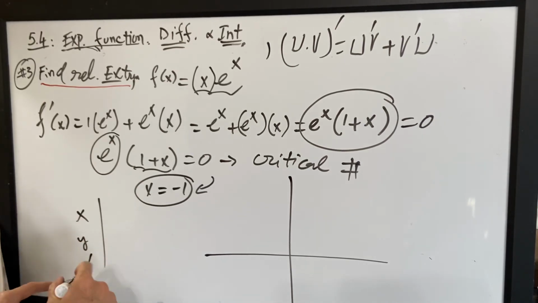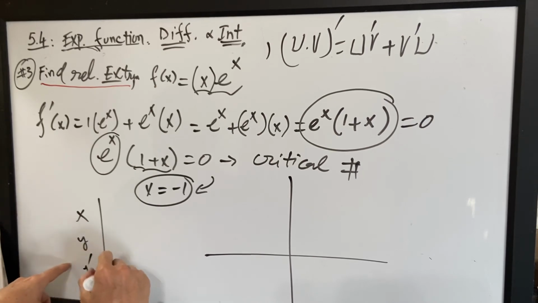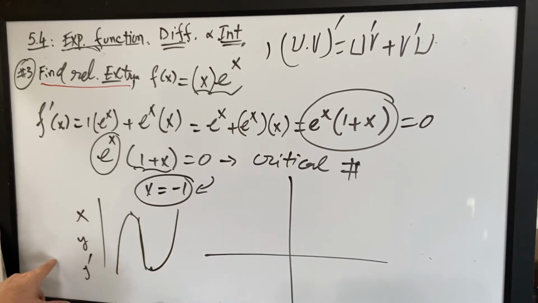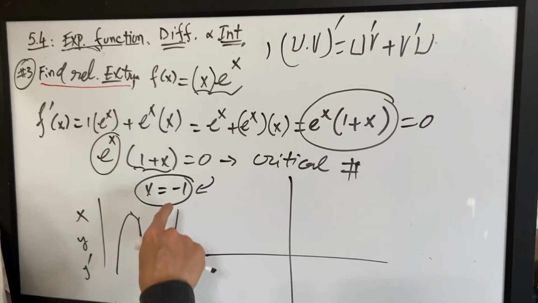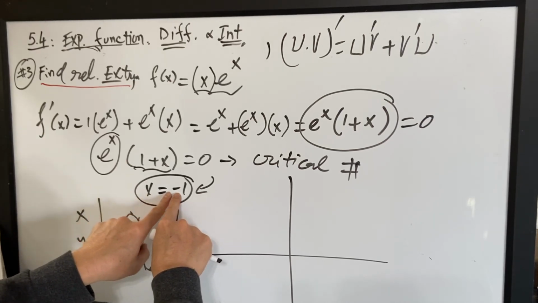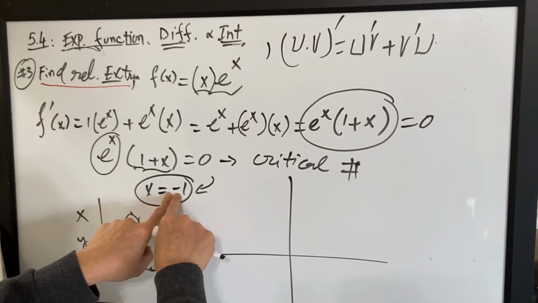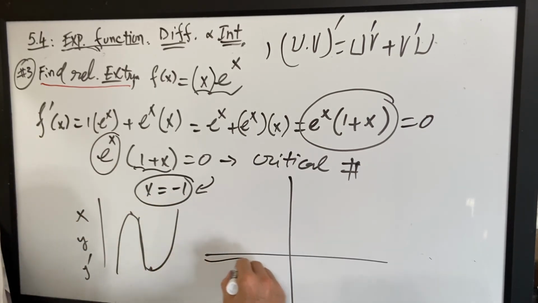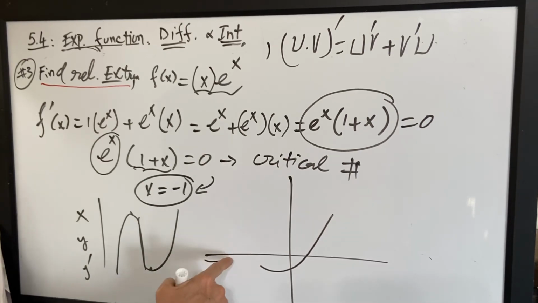If the function goes from increasing to decreasing, you get a maximum, and from decreasing to increasing, you get a minimum. When you plug in around negative 1, you will see it change its sign like this. It is something like this right here.